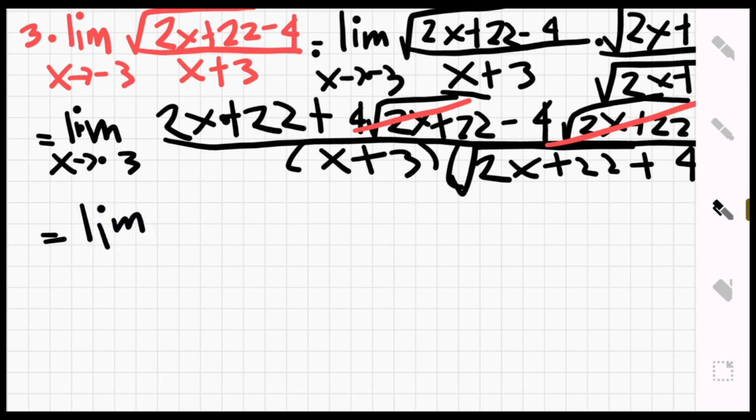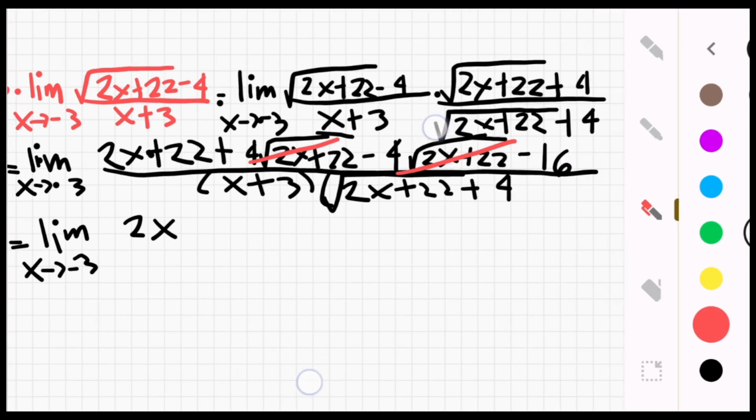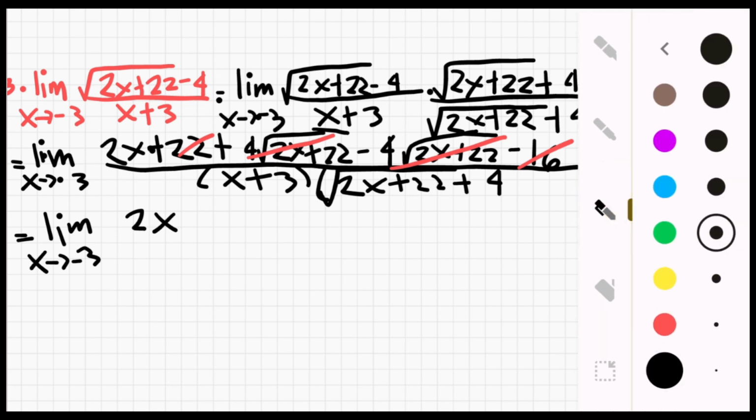We have the limit as x approaches -3 of the expression 2x. So 22 minus 16 is +6.